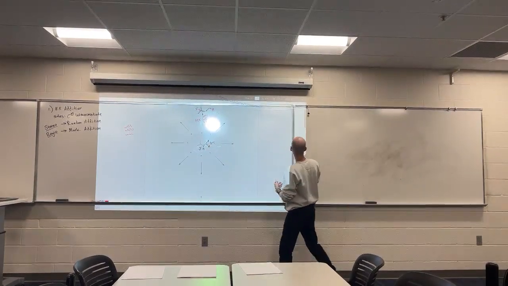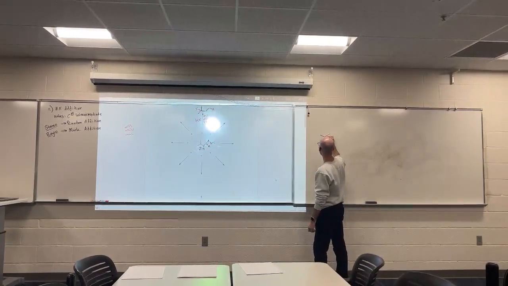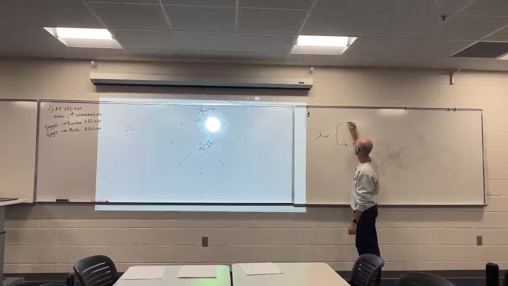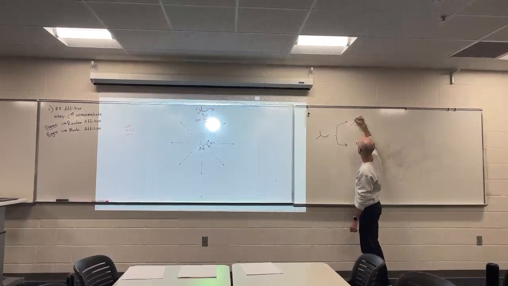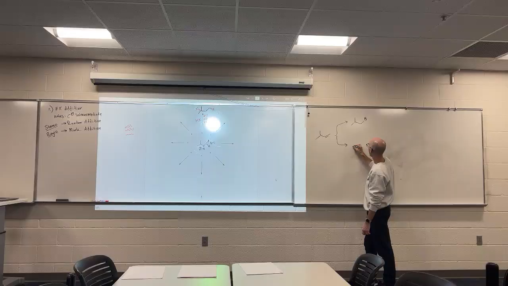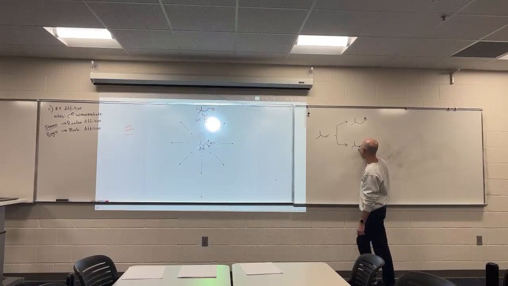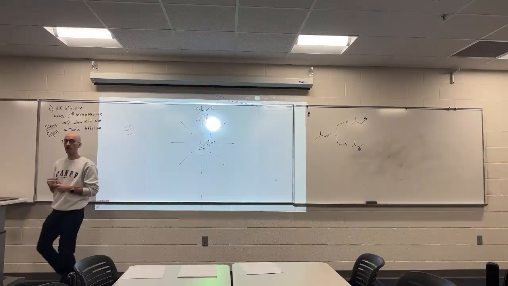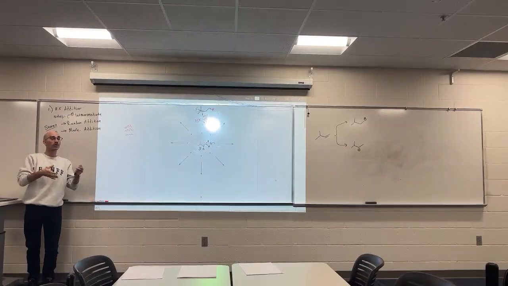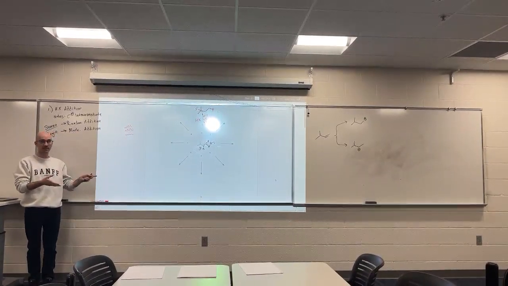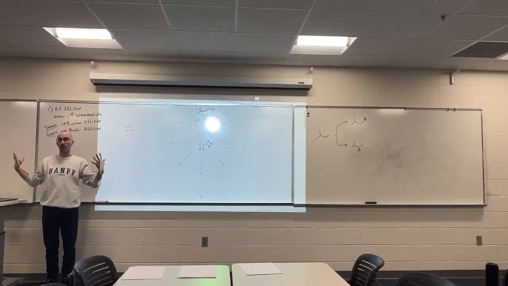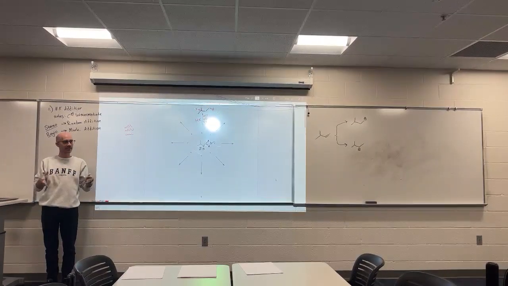You guys remember we had this example of a mechanism and it had two possible carbocations that could form? Well, here's an example there. These are my two possible carbocations. Which one will form? The more stable. Which one is more stable? The one that experiences the most hyperconjugation or resonance.